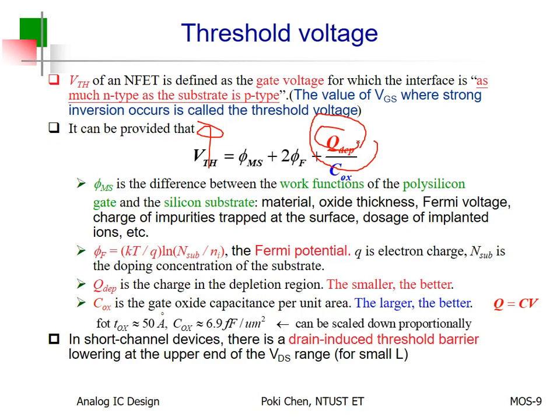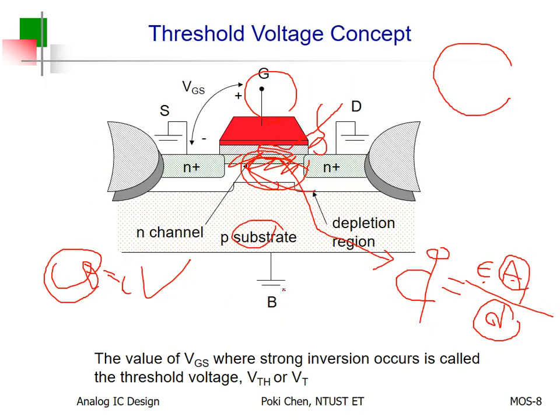This is also the reason why, whether for N-well or P substrate, it needs to be lightly doped instead of heavily doped. If you heavily dope this, the threshold voltage will become sky high. It will hurt your operation speed.